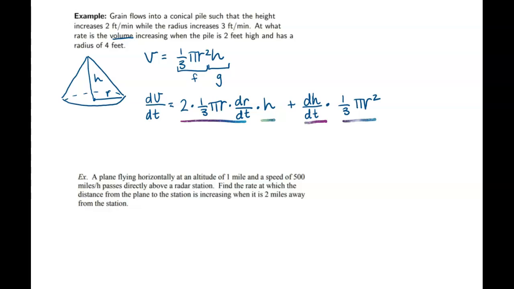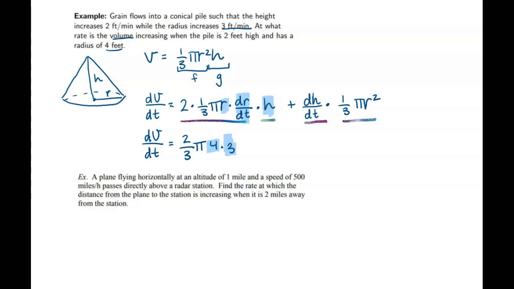So now let's plug things in. dV/dt is what we're trying to find. I'm going to combine 2 and 1/3 to be 2/3 pi. R is, let's see, radius is 4. dr/dt is, let's see, 3.